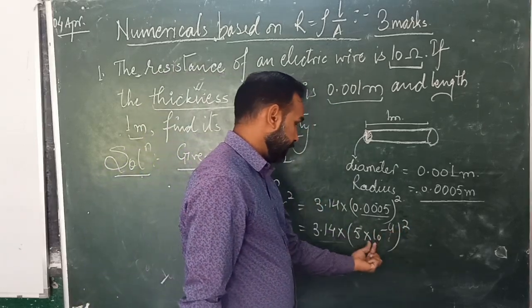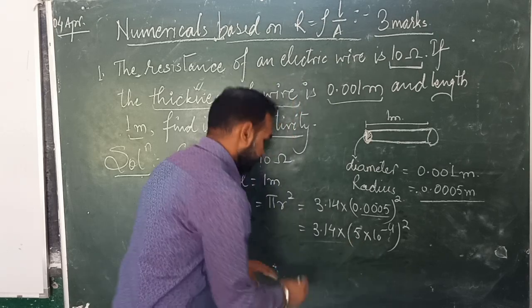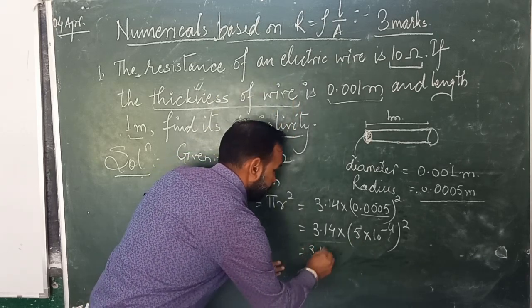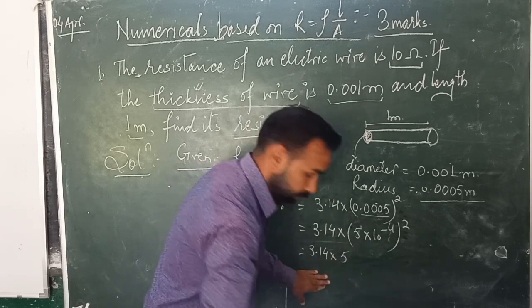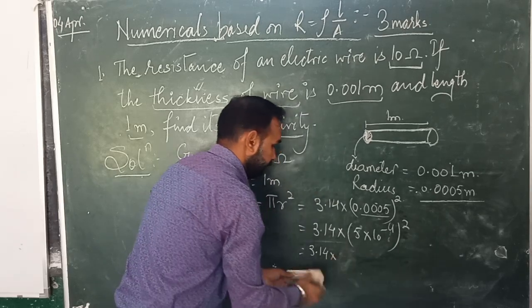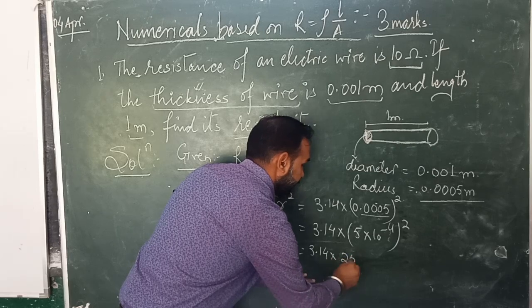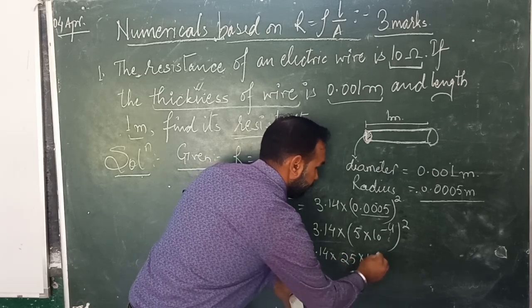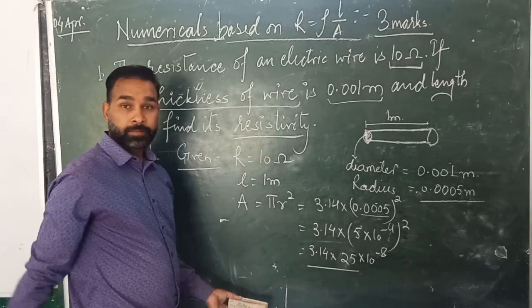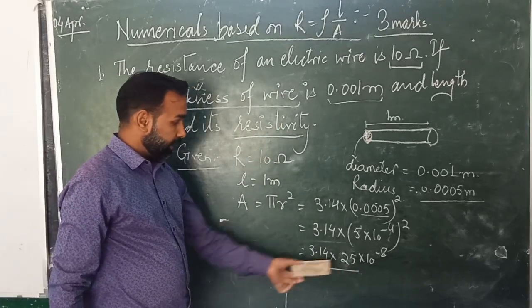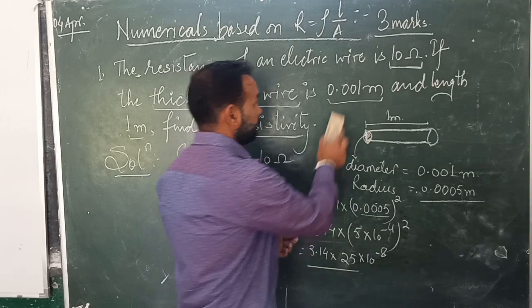This exponent will open up, so this will be 3.14 into 25 into 10 to the power minus 8. So you will multiply this.